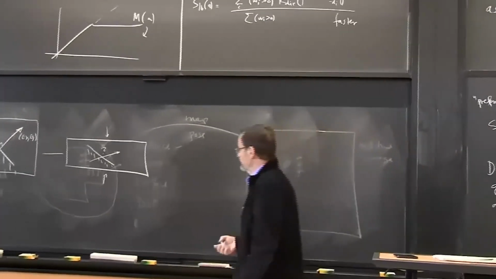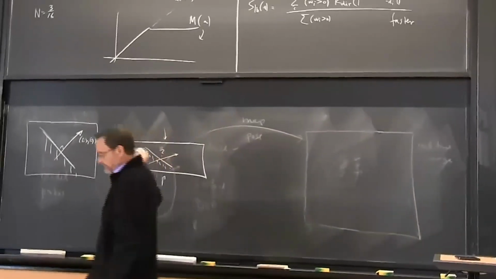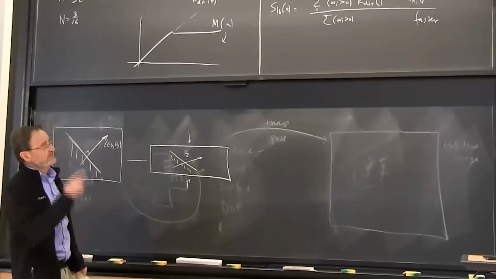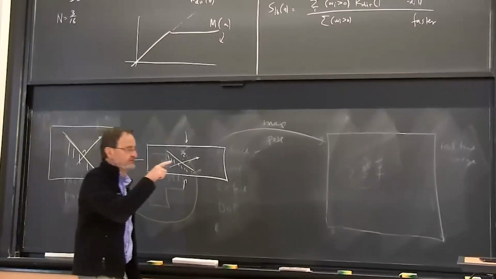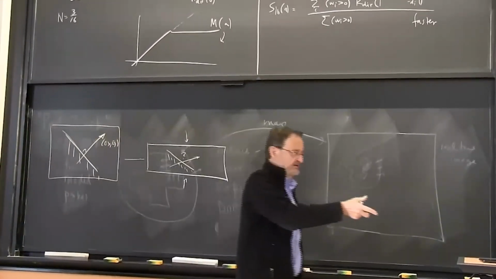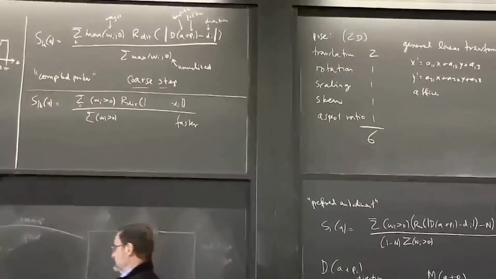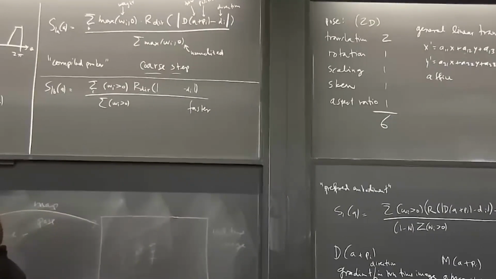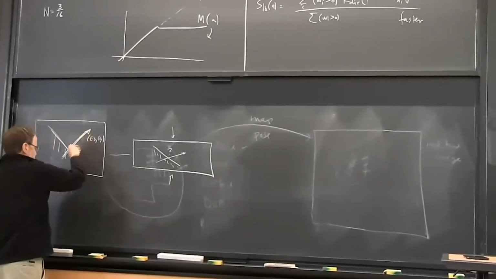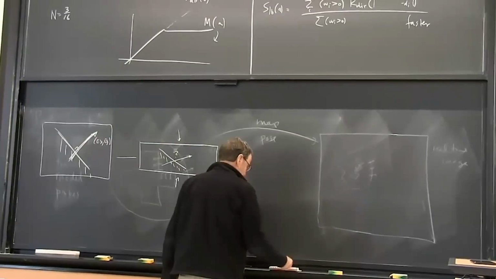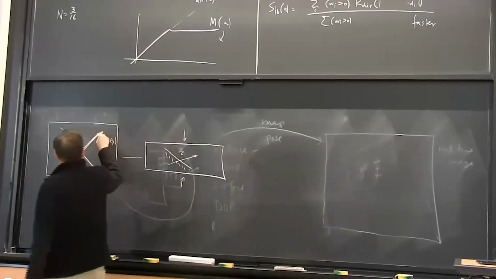So what do we do about this? Of course, this doesn't happen for translation. It doesn't happen for rotation. You rotate and the right angle is preserved. It doesn't happen for scaling, but it does happen for the other two. So how do we deal with this? Well, we have the gradient direction. That's our input. That's what the box in front of all of this computes.